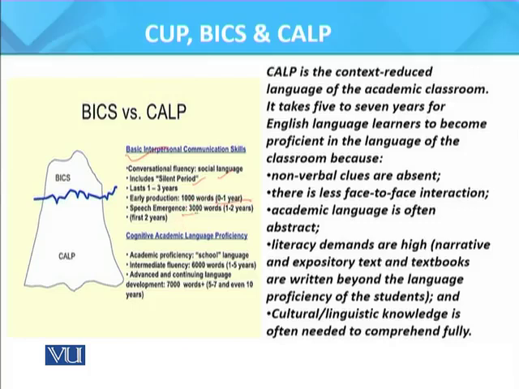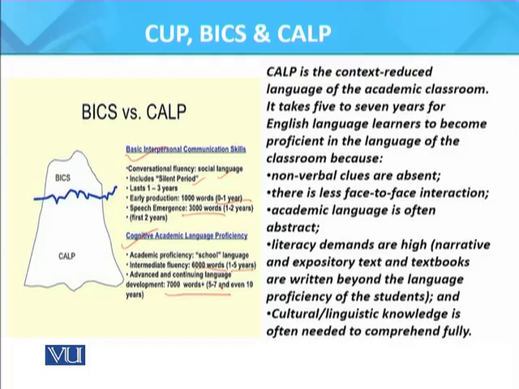Speech emerges at 3000 words in 1 to 2 years. Now cognitive academic language proficiency focuses on school language. Intermediate fluency is 6000 words in 1 to 5 years. Advanced and continuing language development is 7000 words plus, from 5 and even up to 10 years.